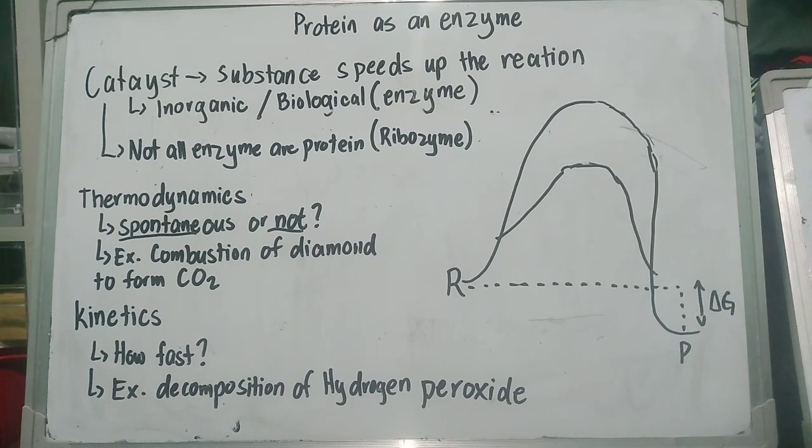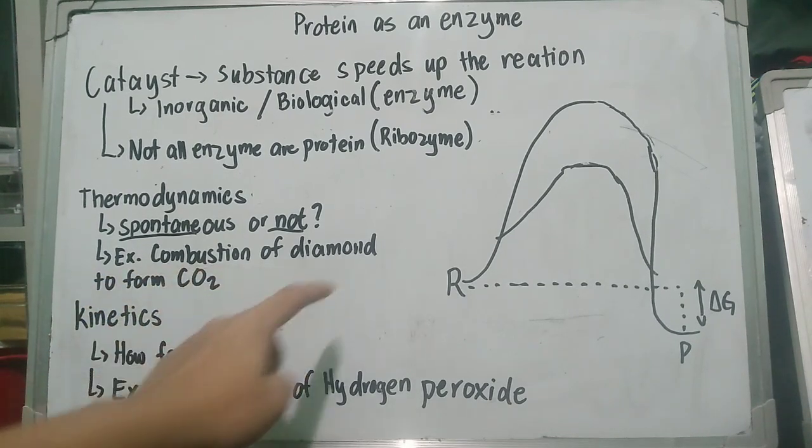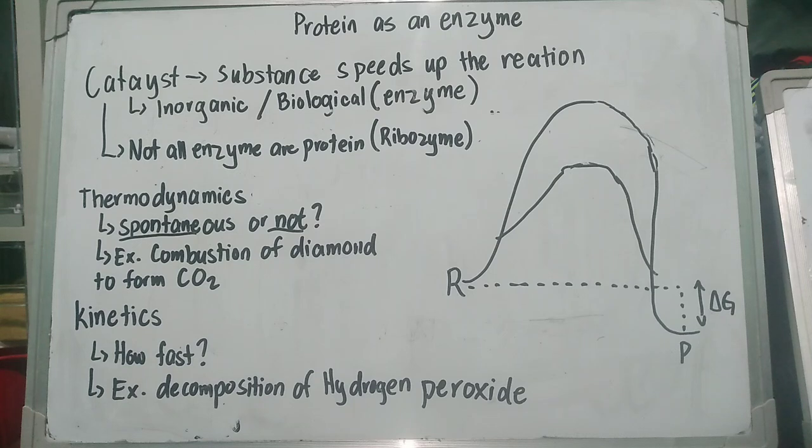Now, why did I say that we should not be confused by these two terms? Sometimes there are reactions, especially in chemistry, that are thermodynamically favored but kinetically not favored, and kinetically favored but not thermodynamically favored. In the example shown here, the combustion of diamond to form carbon dioxide is thermodynamically favored but kinetically not favored, because it takes a very long time for the process.